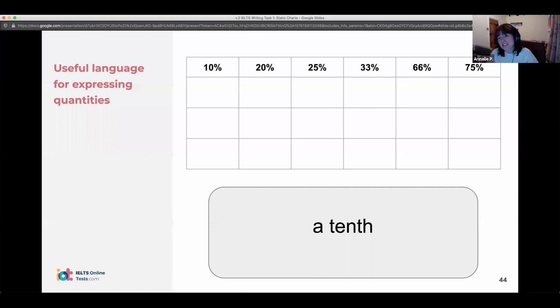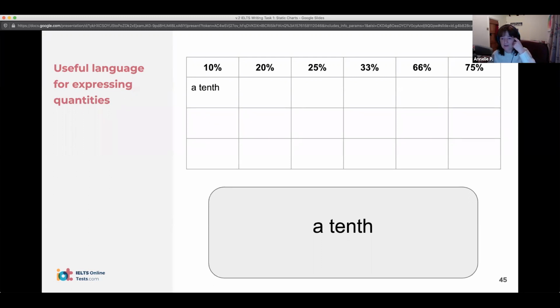It's very easy just to write out percentages. I could do that even if I didn't understand a word of another language. So using fractions, using ratios is going to show that you can manipulate the language. Okay, that's what the examiners are really looking for.